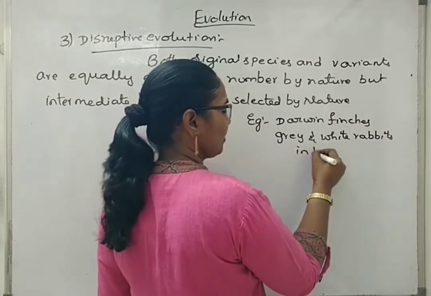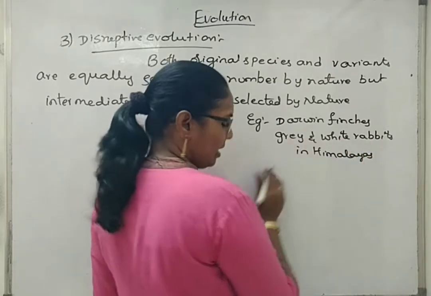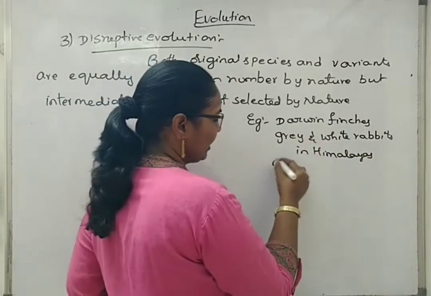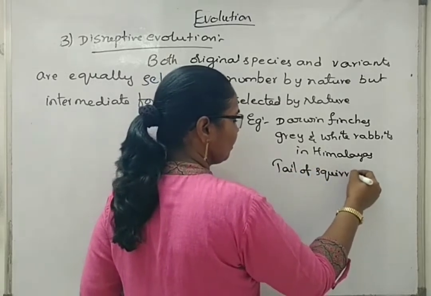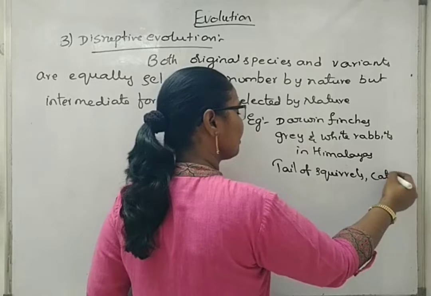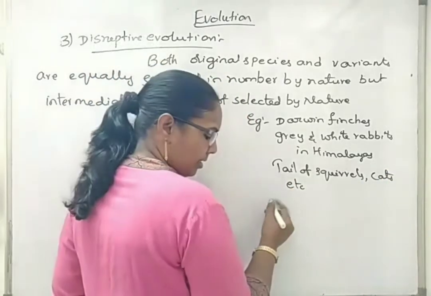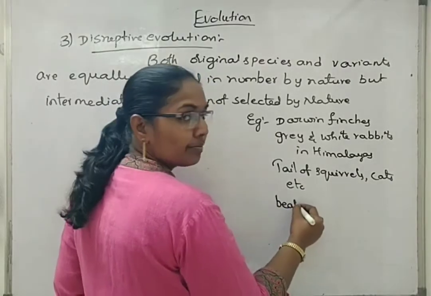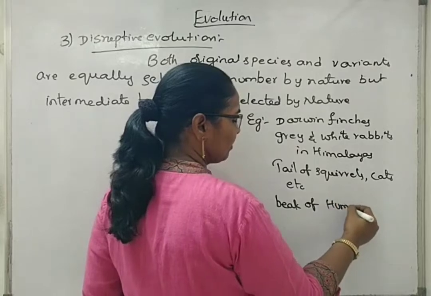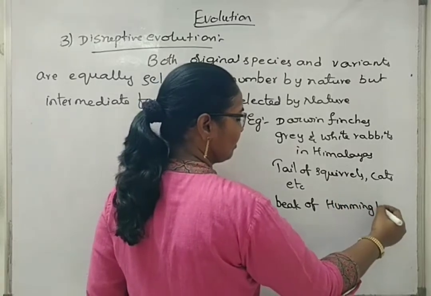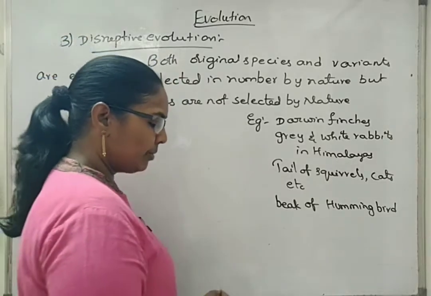These both are selected. Another example we can take, tail of squirrels, cats, etc. Next, beak of hummingbird. This was also considered to be a best example for disruptive evolution.